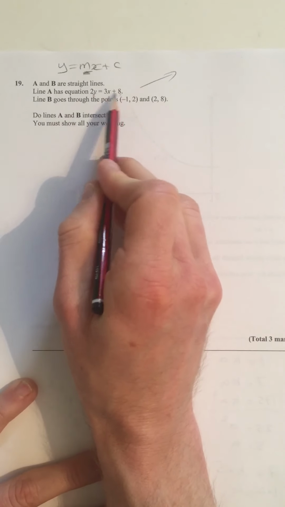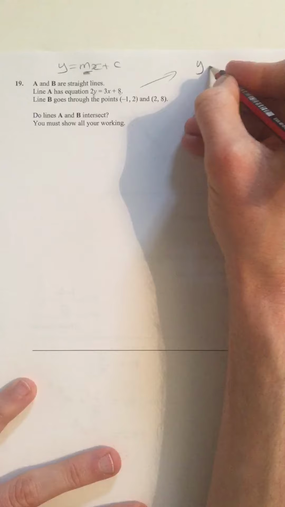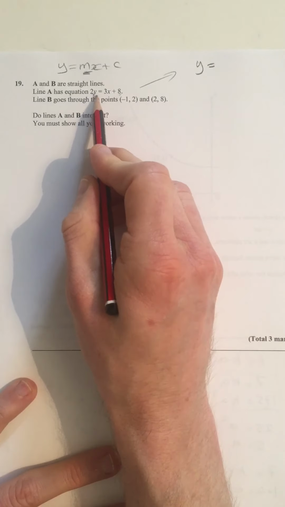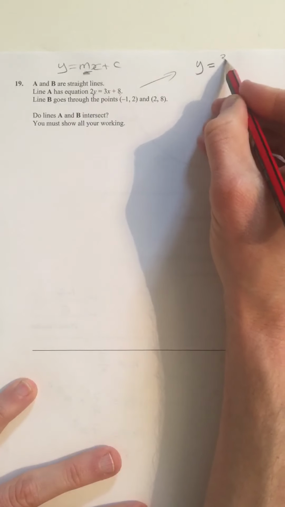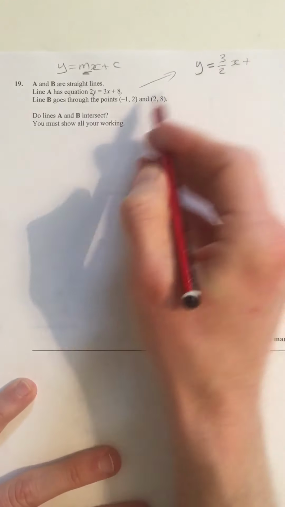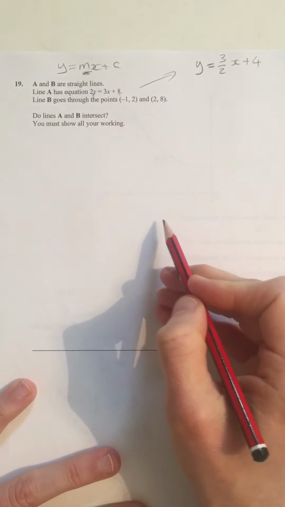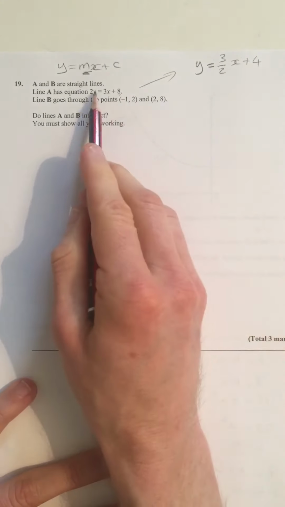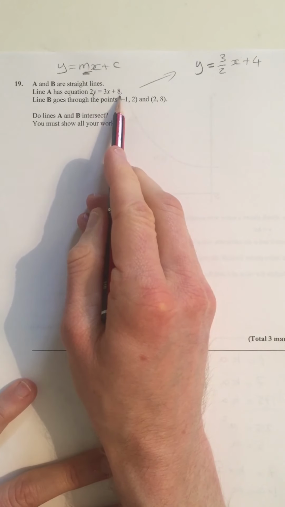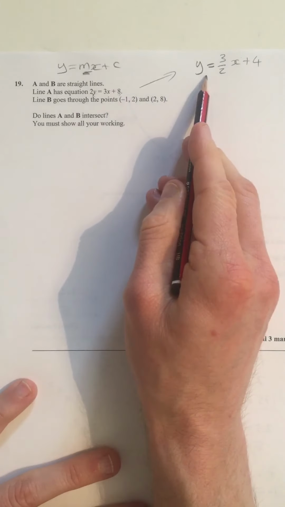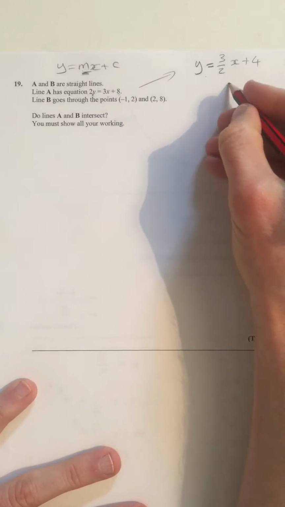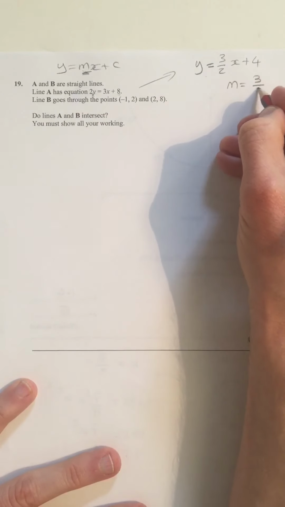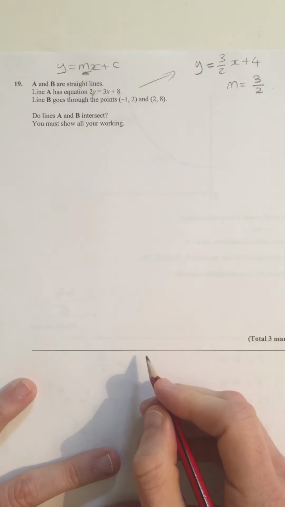But if I divide both sides of this equation by 2, I get y equals 3 over 2 x plus 4. So by dividing both sides of this equation by 2, I've now got the y by itself, and I can now see that the gradient of A is 3 over 2.